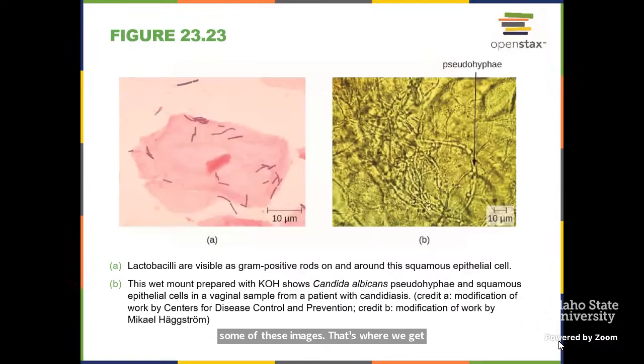So I mentioned the Lactobacillus a second ago. These gram-positive rods, and this is a squamous epithelial cell, and there's bacteria all about, right? As I mentioned, these big players make up a lot of the normal flora.